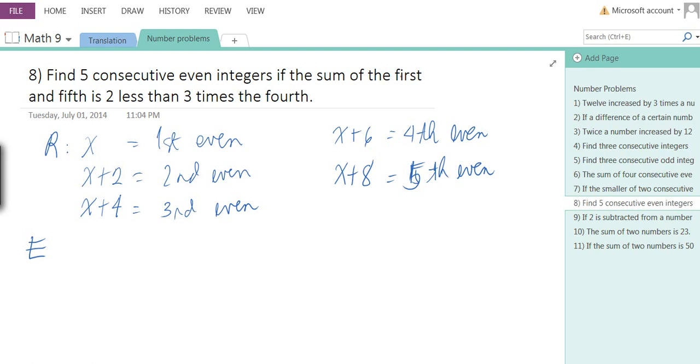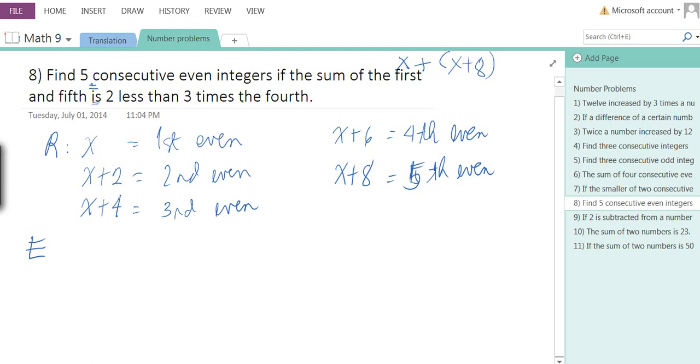The first is given by x, plus the fifth, which is given by x plus 8, signifies the equal sign. So 2 less than 3 times the fourth.